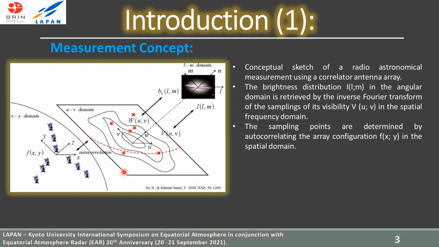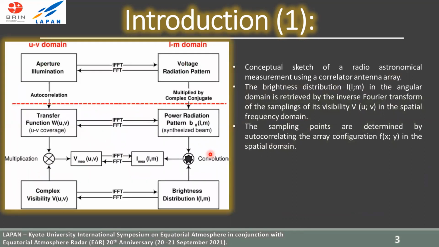The sampling points are determined by the autocorrelation of the array configuration in the spatial domain. So mostly all measurements use the concept of Fourier transform.